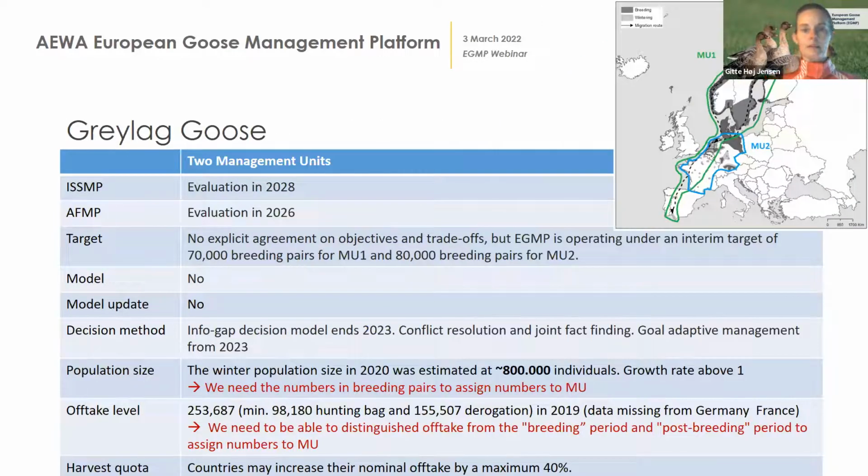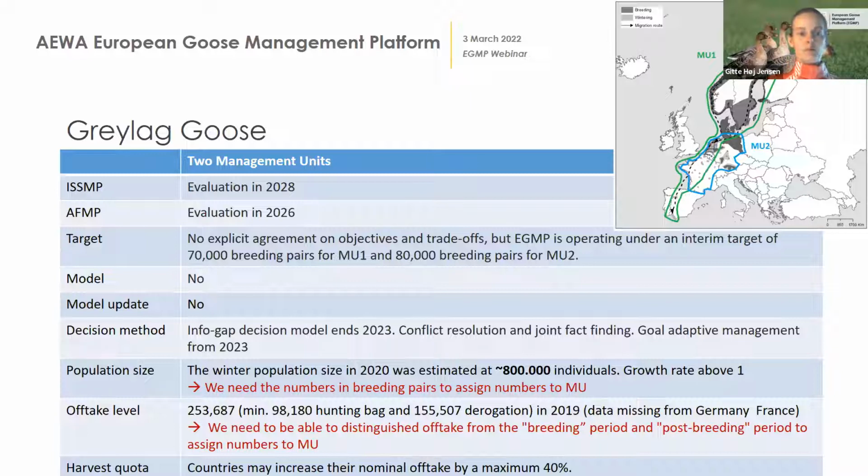Grey-leg goose, as Eva mentioned, there are 2 management units, which are very much based on the behavior of the grey-leg geese. So management unit 1 is a migratory unit, where several birds from the management unit 2 are more sedentary birds staying in the same place. For both grey-leg and barnacle goose, these are the latest management plans, so the evaluation is not until 2028.